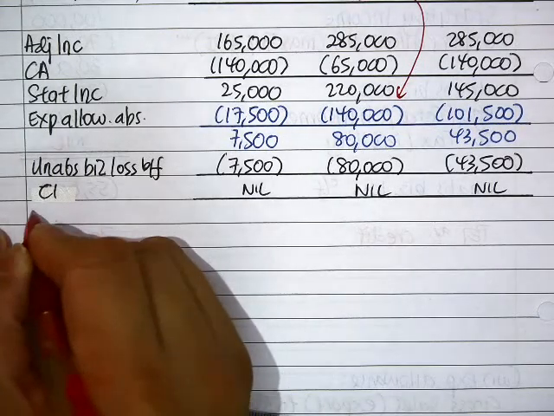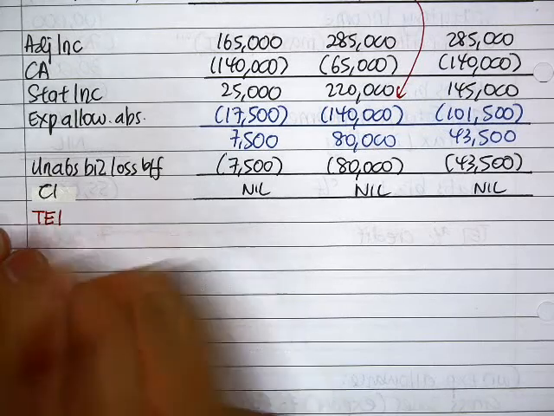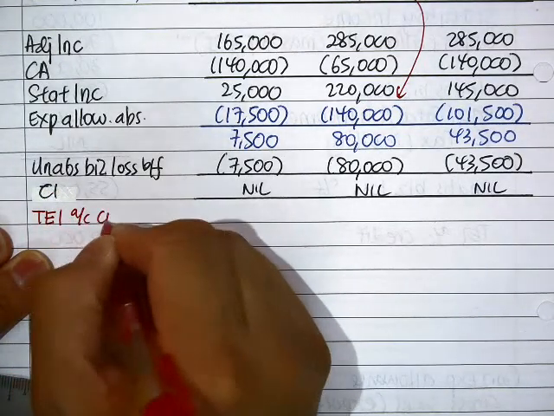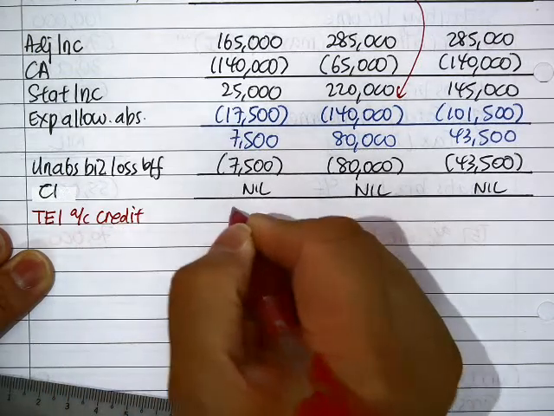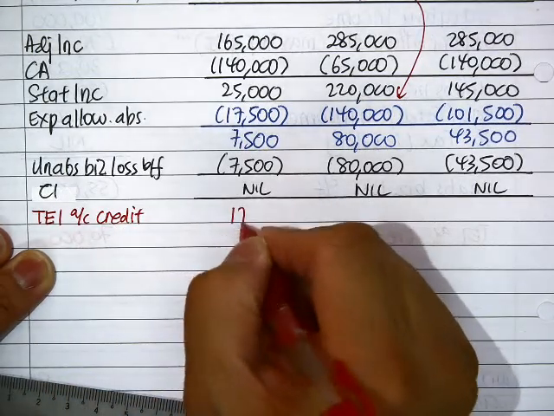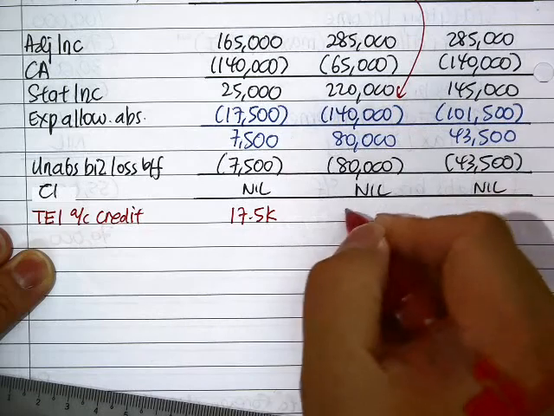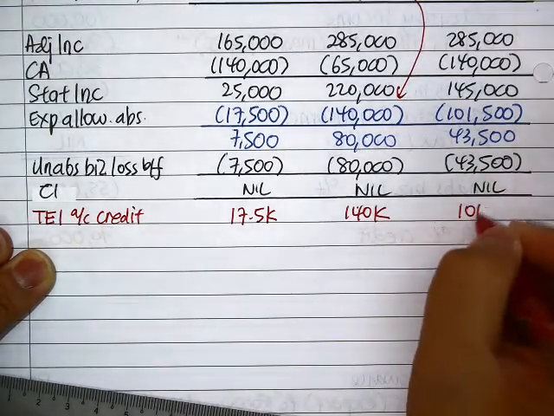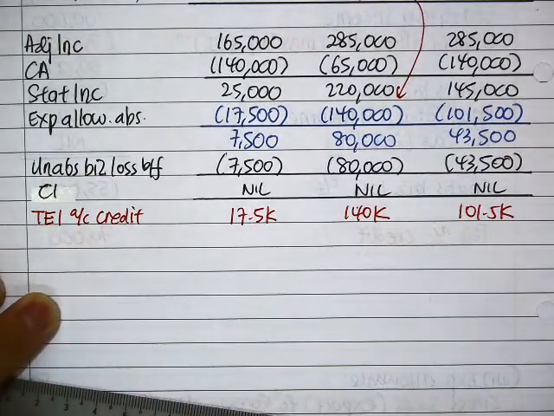Your tax exempt income account credit will be 17.5, 140, 101.5.